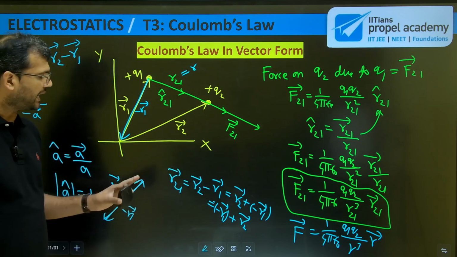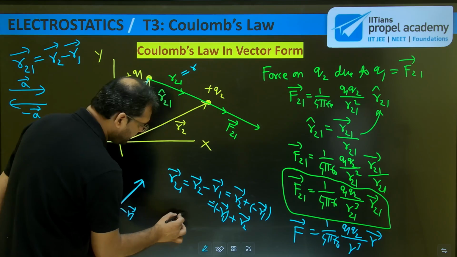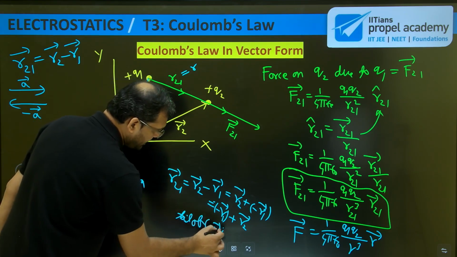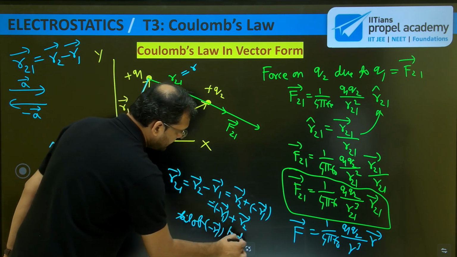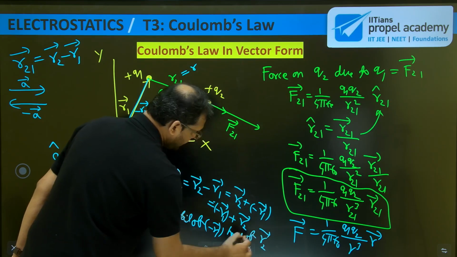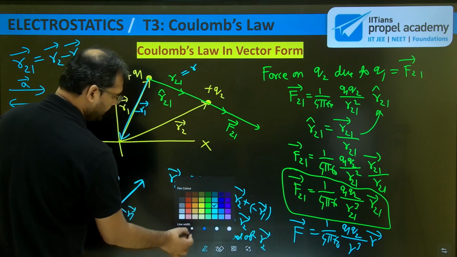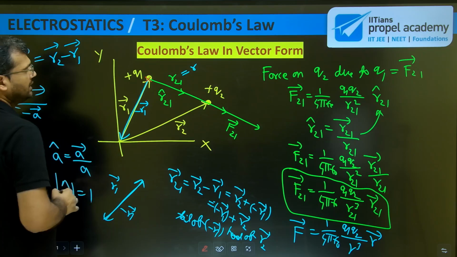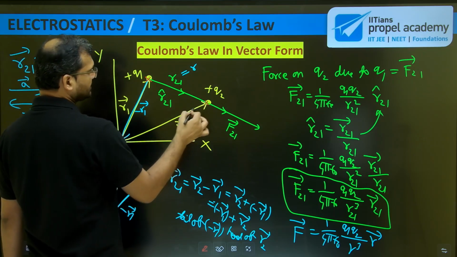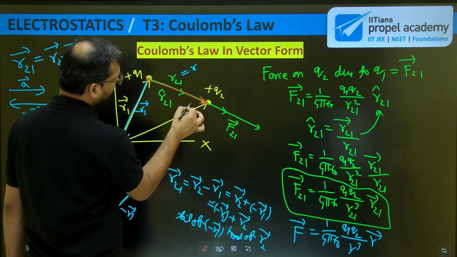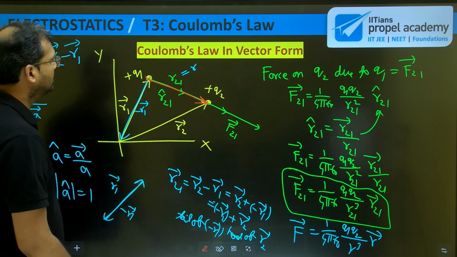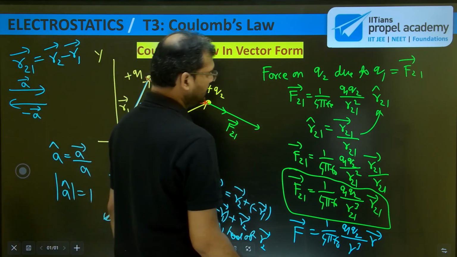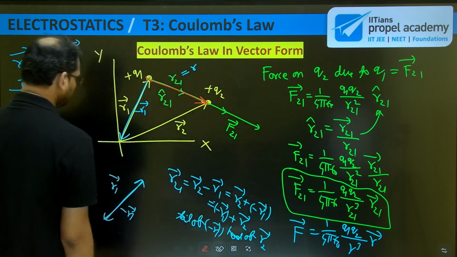So whenever you want to add two vectors, start from the tail of minus R1 bar and go to the head of R2 bar. Where is the tail of minus R1 bar? It is here. Where is the head of R2 bar? It is here. So add this, and this is your vector R21 bar. So that's what you wrote here.